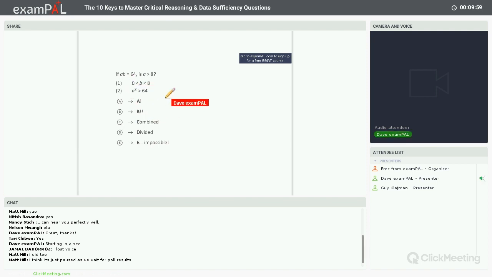B means the second statement and only the second statement. In this case, a squared is larger than 64 is sufficient. C means combining the 2 statements, and only combining them, gives us sufficient information. D means each statement on its own gives us sufficient information to solve the question. And E means impossible. Even when combining all the information, we can't solve the question.